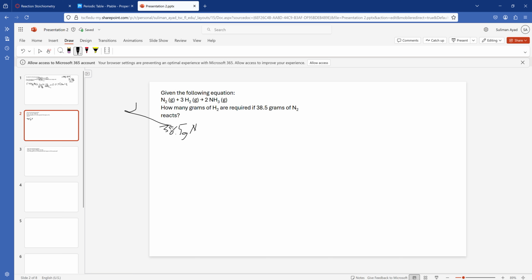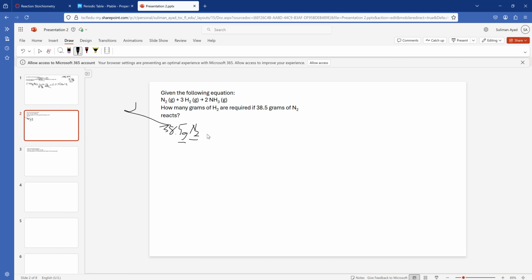Now, when it comes to setting up these problems, we want to include both the unit and the chemical identity. Those are both essential pieces of information that we're going to be canceling as we go through this question.